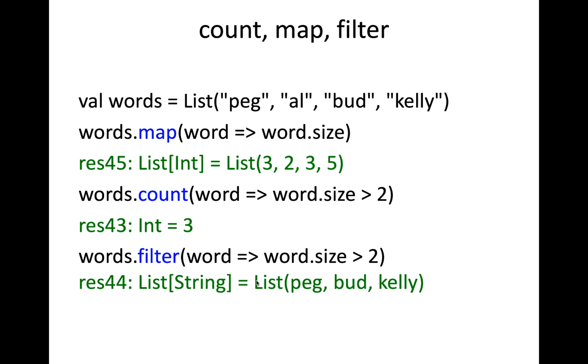Filter will return that subset of items in the list for which the given constraint is true. And if you remember, for Peg, Bud, and Kelly, the given constraint, the given anonymous function was true, and that will be returned as the output of filter.